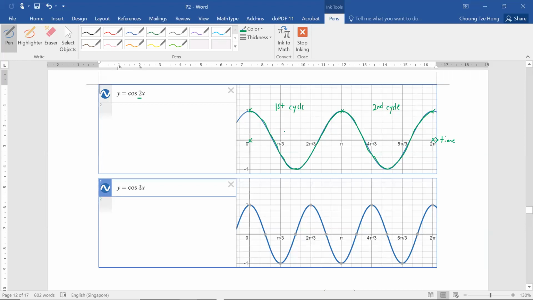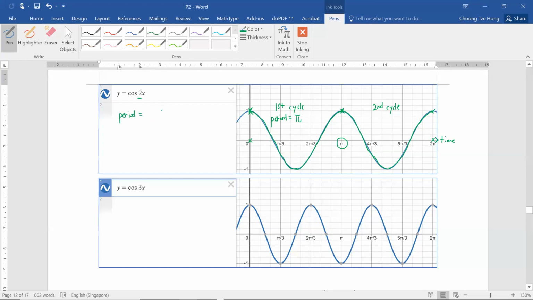So what is the period of the cosine wave for y equals cosine 2x? If you recall, period is the time for one complete wave. One complete wave will be from here all the way to here, and you see that the time taken is pi. So for this first graph, the period is pi. How do we compute this period pi, assuming we don't have a graph?